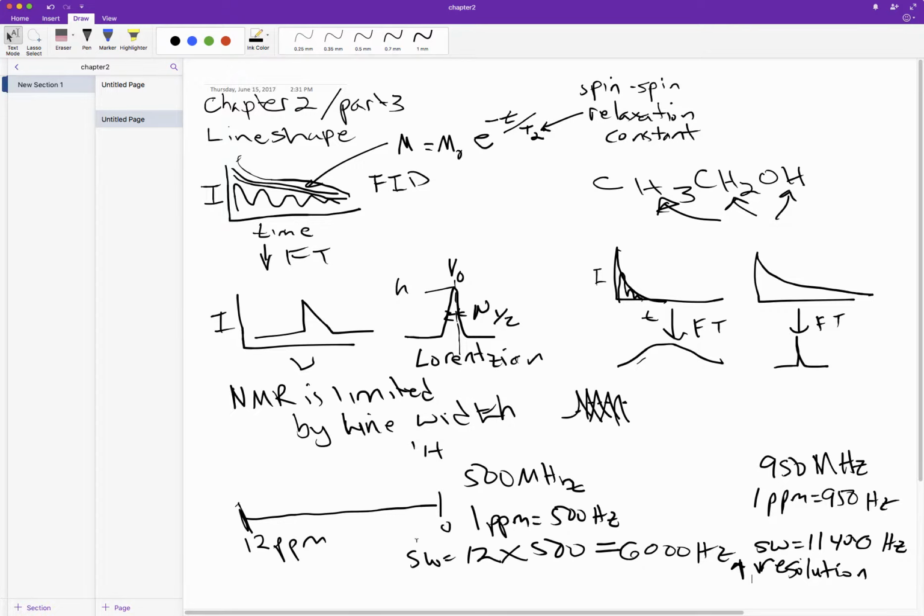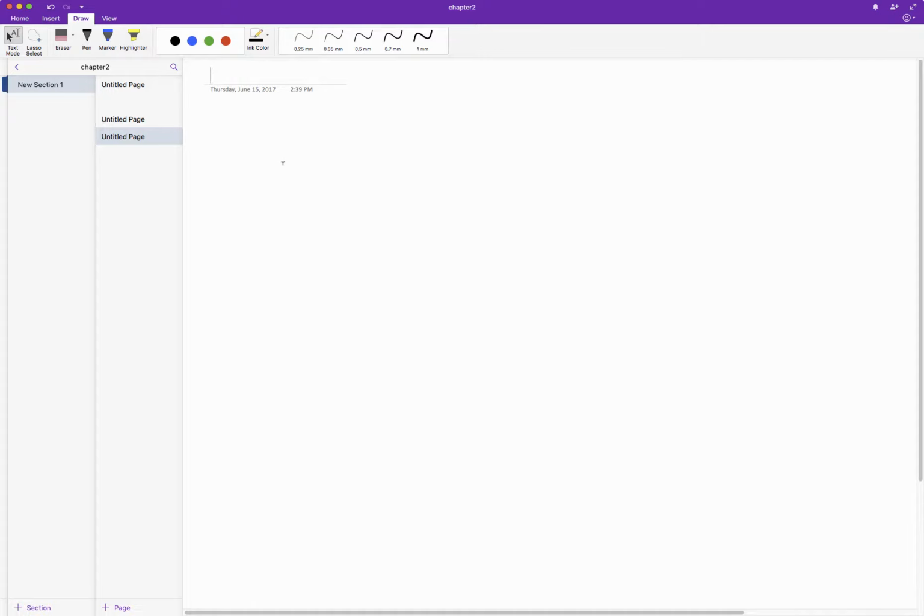Now, the next part talks about scalar, or what I would call J-coupling. And what this is, is that one hydrogen nucleus feels the effect, through the chemical bond, of another one.